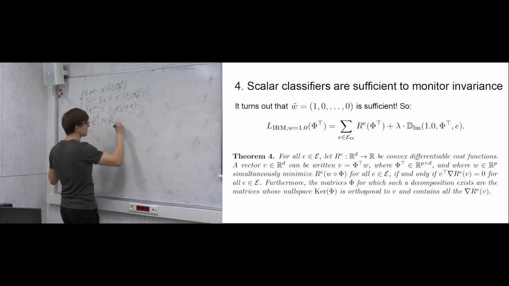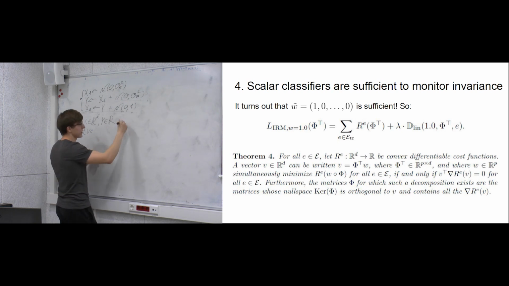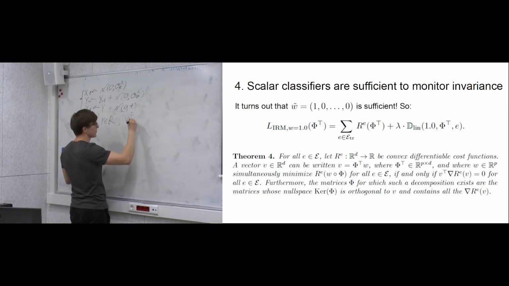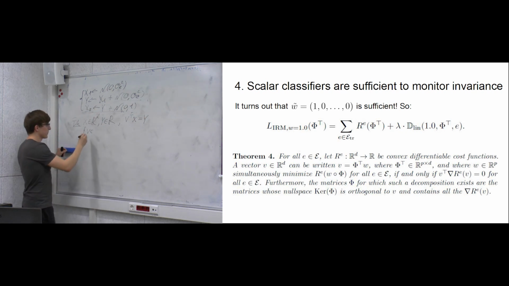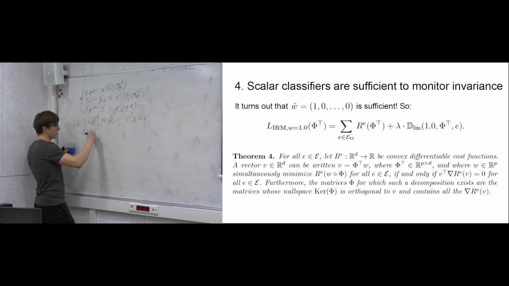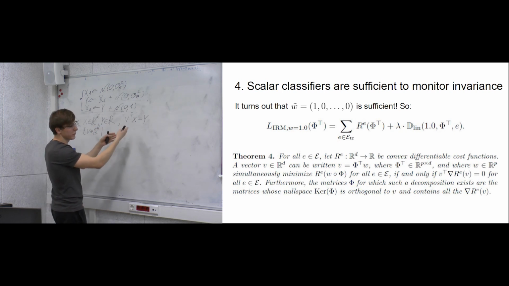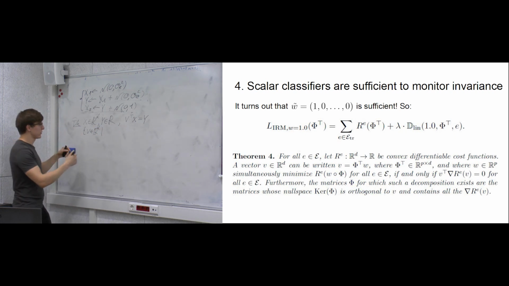The predictor is just linear regression, so it's just v transposed x equals y. So the set of such v's that are optimal, that are invariant, and according to the definition, what does that mean?